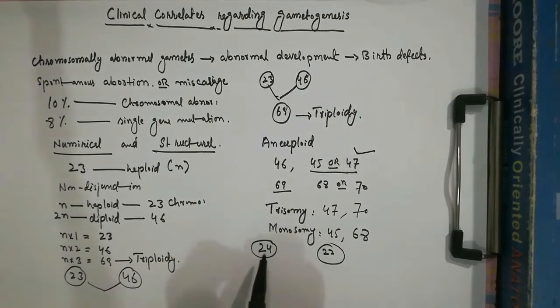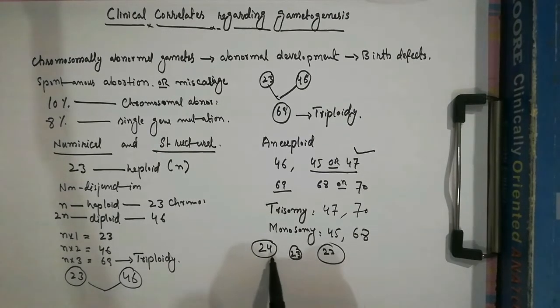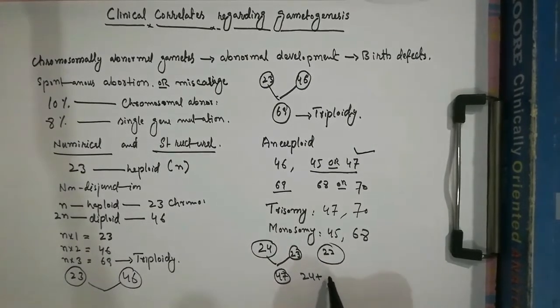If this gamete containing 24 chromosomes is fertilized with a normal gamete, containing 23 chromosomes, this results in trisomy, 47 chromosomes. 24 plus 23 is equal to 47.